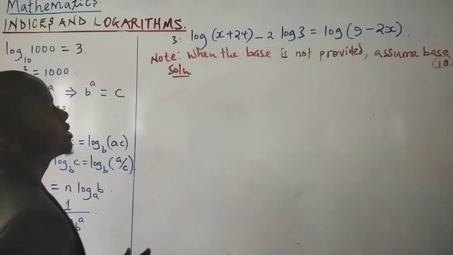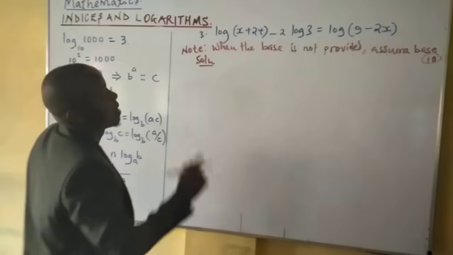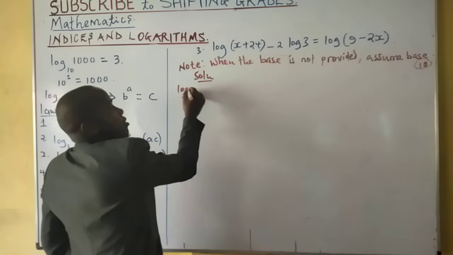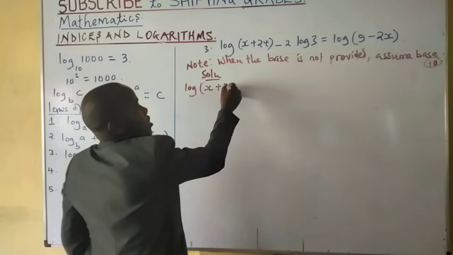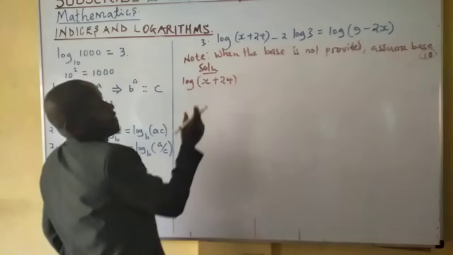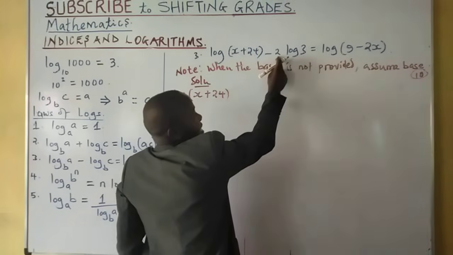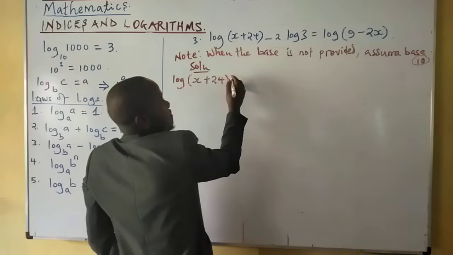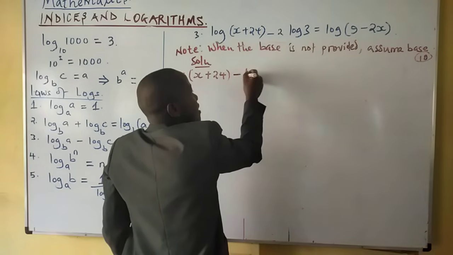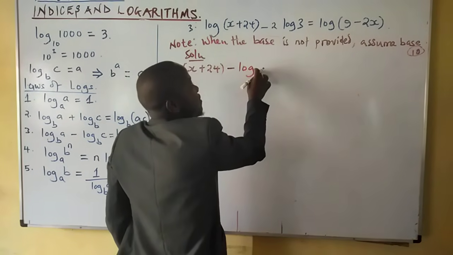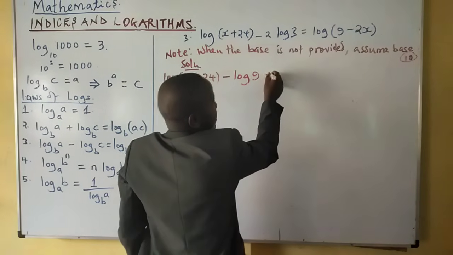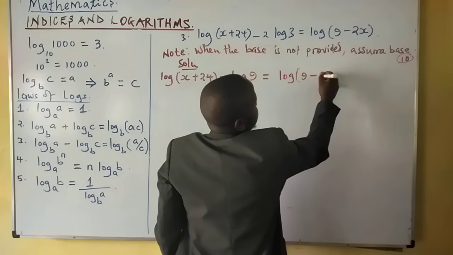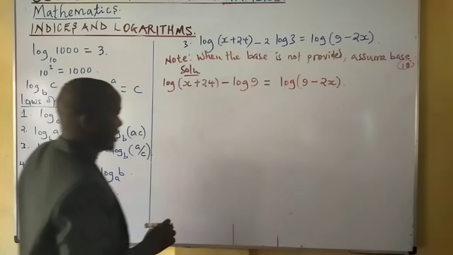we apply several laws. Firstly, we should say that the log of x plus 24, then because we said when a number is here, we should know that it is a power to the number here, and therefore this becomes minus the log of 3 raised to 2, which is 9, is equal to the logarithm of 9 less 2x. We are solving for x.